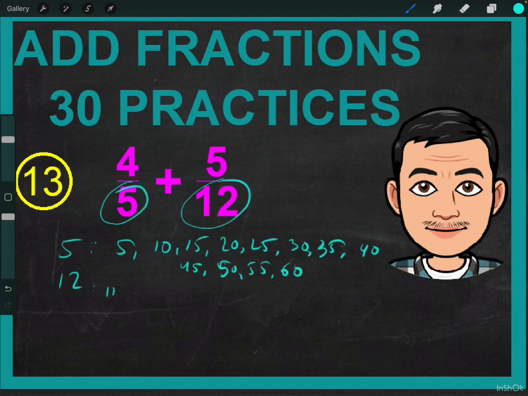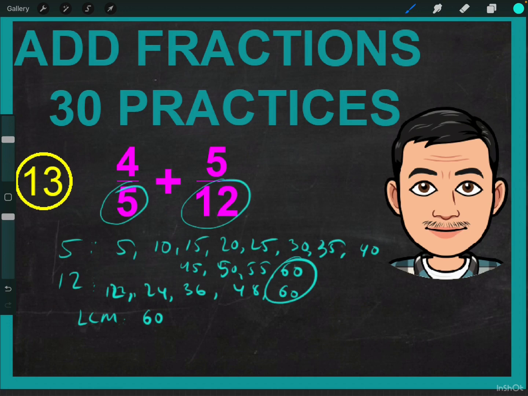For 12 we have 12, 24, 36, 48, 60. So 60 is the LCM of 5 and 12.